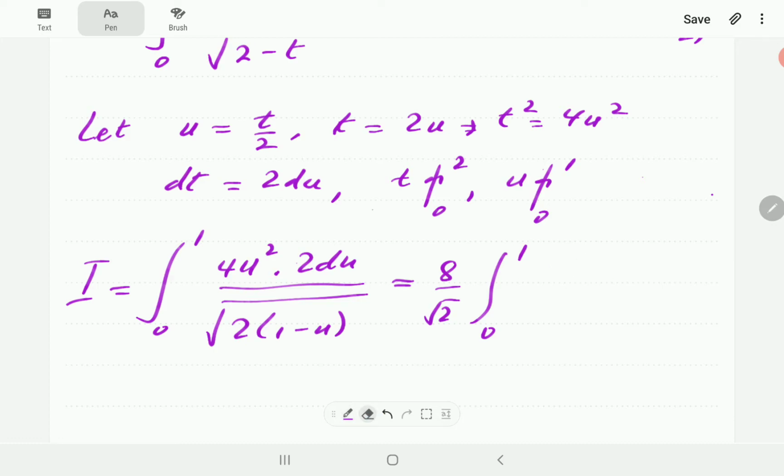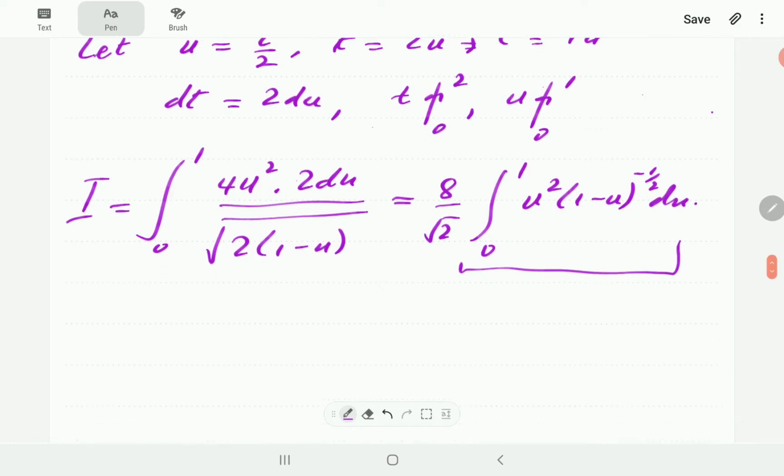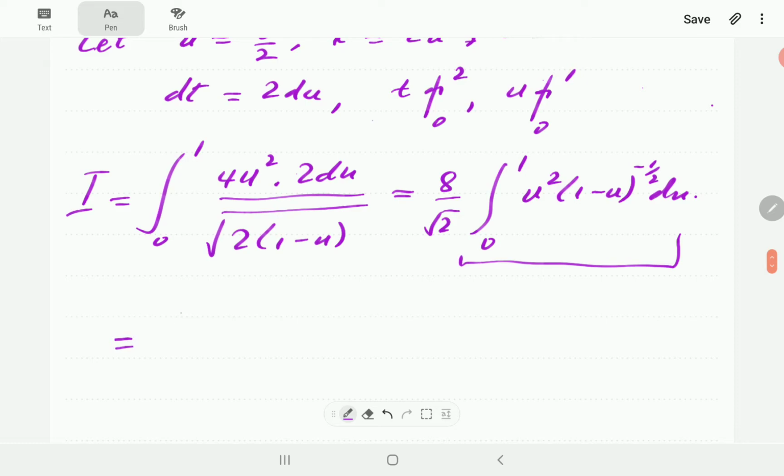Then this term we can bring up to the numerator. And then this is now a standard beta function. So 8 over root 2 times beta of 3, 1 half: m minus 1 is 2, so m is 3, and n minus 1 is minus 1 half, so n is 1 half.